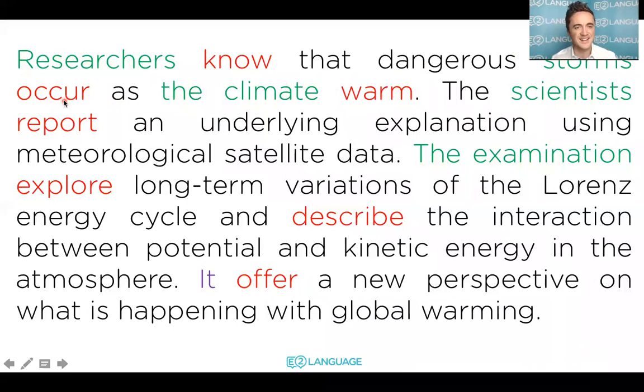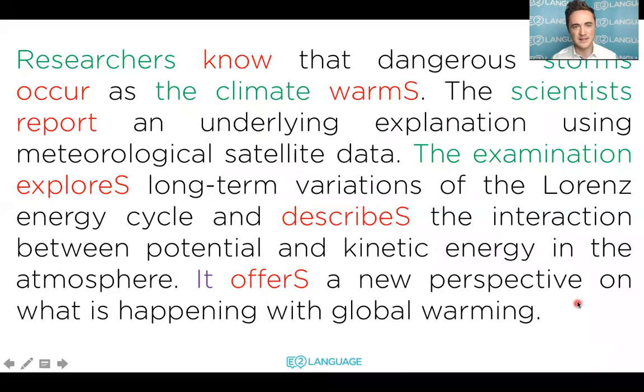All right. Let's look at the answers here. So researchers know. Why do and not does? Because here researchers do. Researchers know that dangerous storms occur as the climate warms. Interesting. So if there's an S here, there's no S here, right? S, no S. But here, no S means it's one thing does.